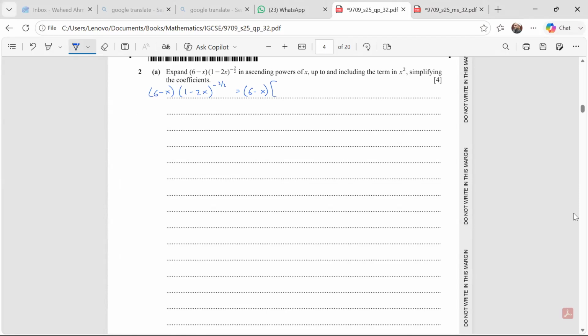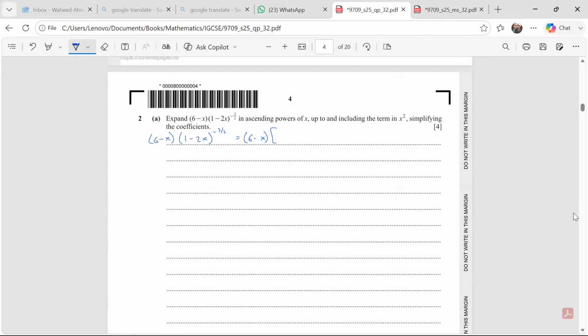Now, this time if I expand, remember the formula: if I have (1 + x)^n, that is 1 + nx + n(n − 1)/2! x² and so on.